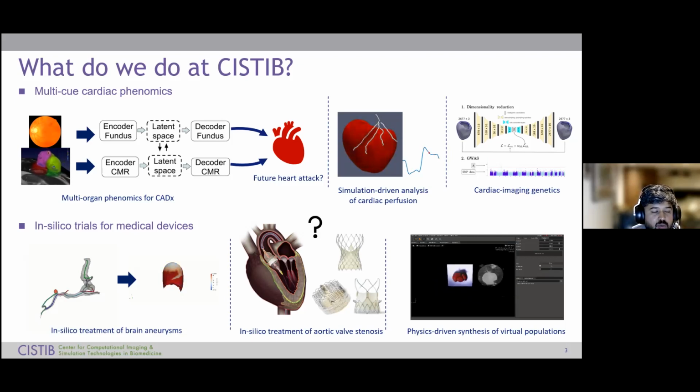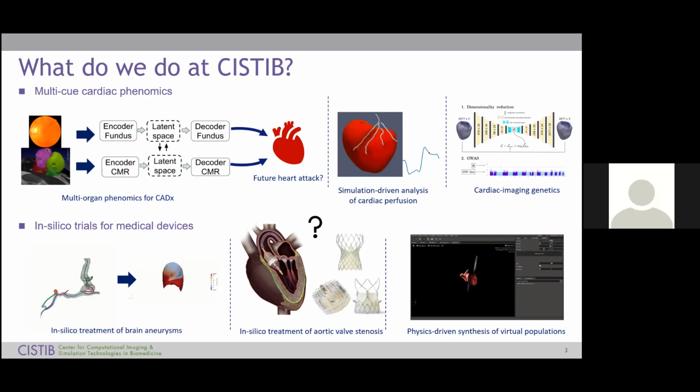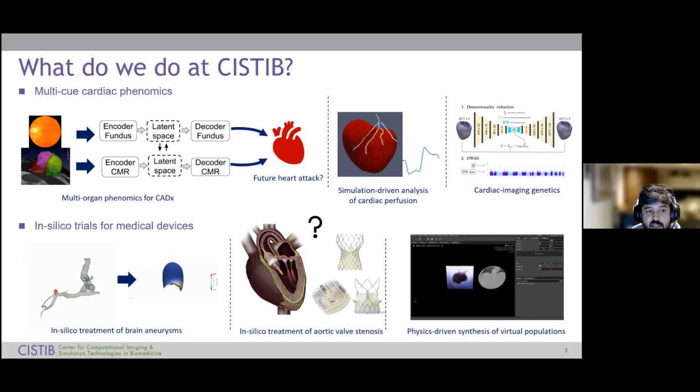So on the one hand, while we focus quite broadly on how machine learning and other tools can be used to analyze medical data, a large portion of our work is focused on cardiac imaging data, or not just cardiac imaging data, but cardiac images and data related to assessing cardiac health.